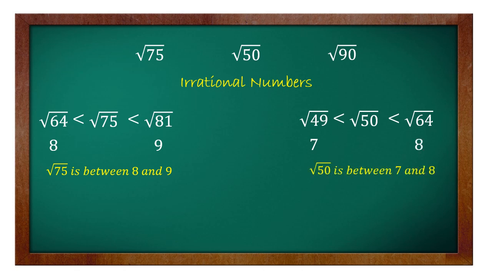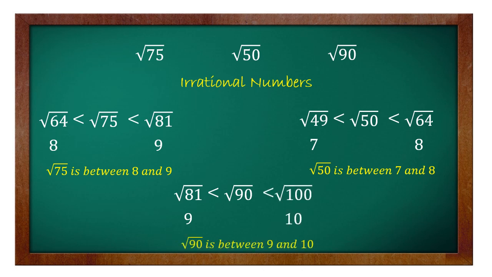So, therefore, square root of 50 is between 7 and 8. Next, square root of 90. Ganun ulit, mas mababa at mas mataas kay 90 na perfect square. So, we have 81, the square root of 81 is 9, and then 100, the square root of 100 is 10. So, we could say that the square root of 90 is between 9 and 10.